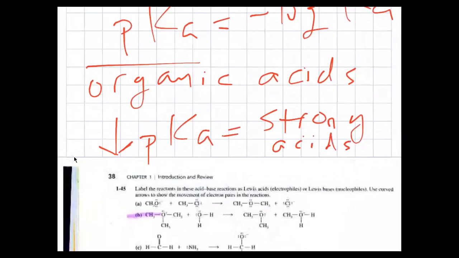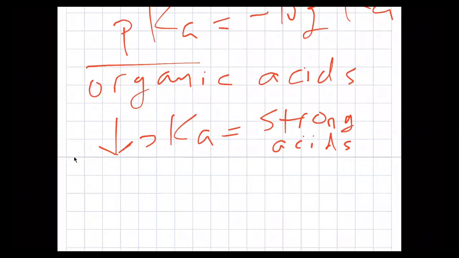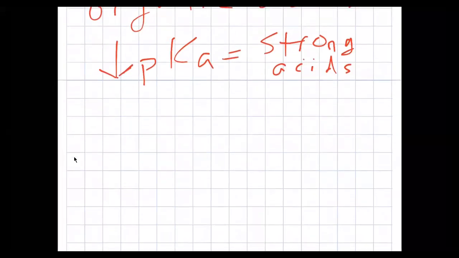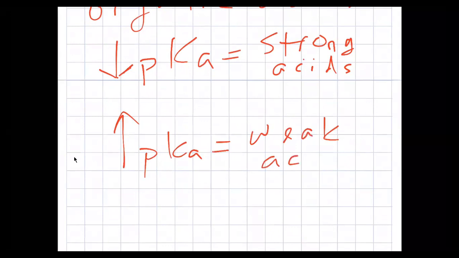Right, so strong acids have a low pKa. The lower the pKa, the stronger the acid. And then, let me add a page right quick. By the same token, for organic acids that have a high pKa, those are weak acids.